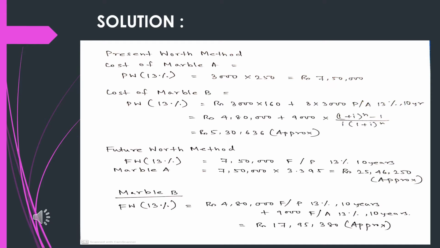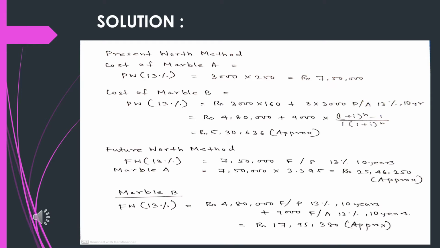Moving on to the solution part, any time value of money sum can be calculated in present, future or annual worth. The figures achieved in those three methods might be different, but the outcome, that means the correct decision or the correct option, will never change across these three methods.